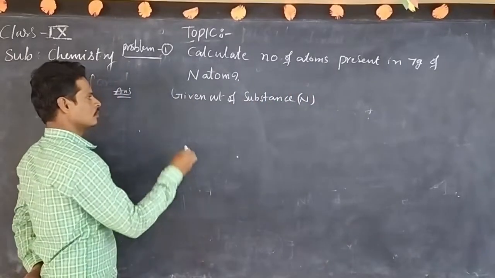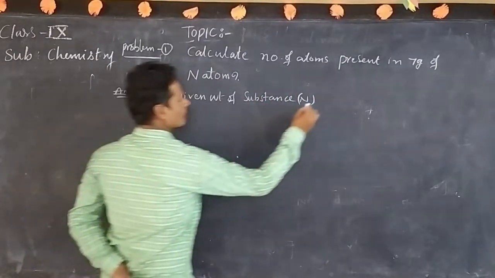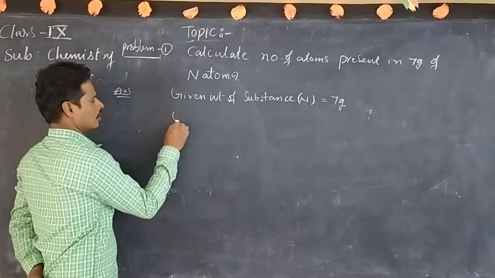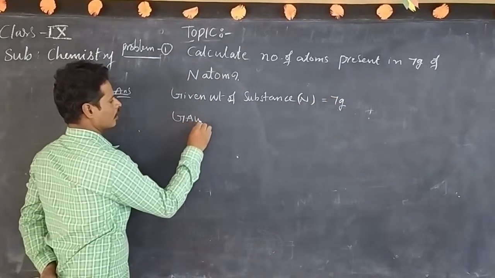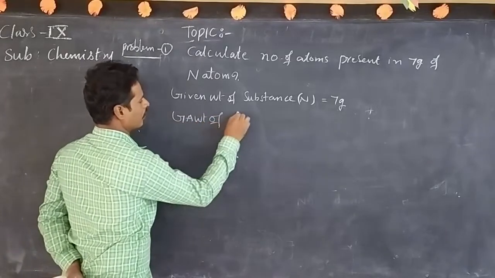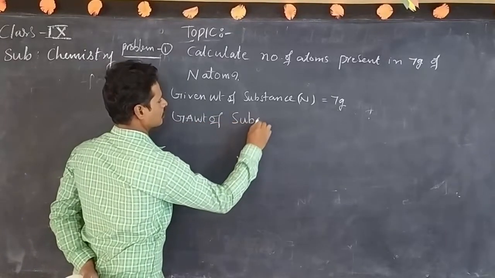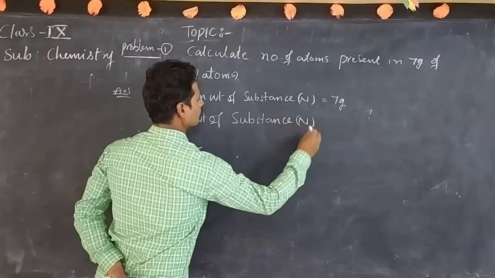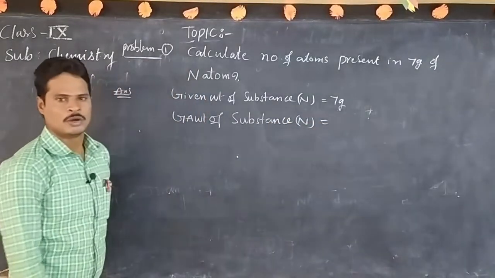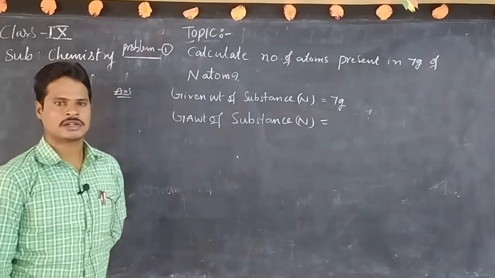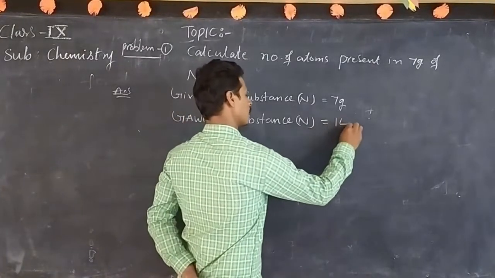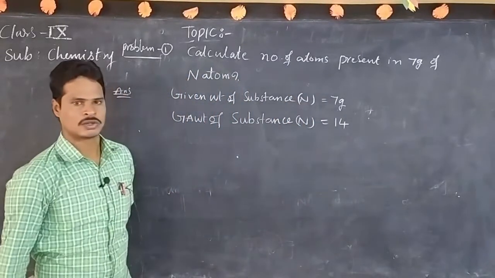Nitrogen, 7 grams. Next, gram atomic weight of substance, nitrogen. What is the value? We know that the atomic weight of nitrogen is 14.